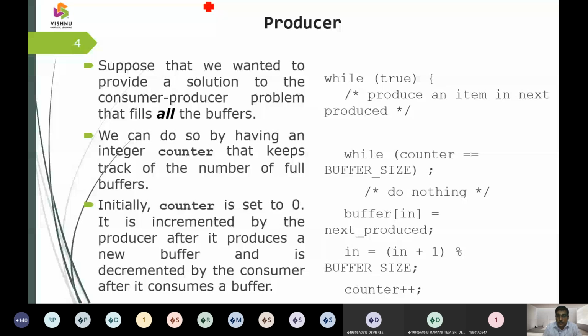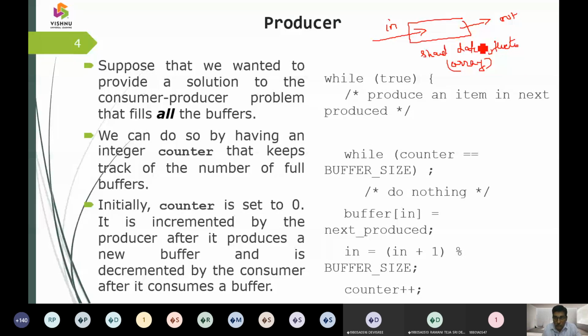Assume there is a shared data structure, and assume it is an array. People are going to put elements into the array, and the elements are going to be used and moved to some other location. We call that an output approach.